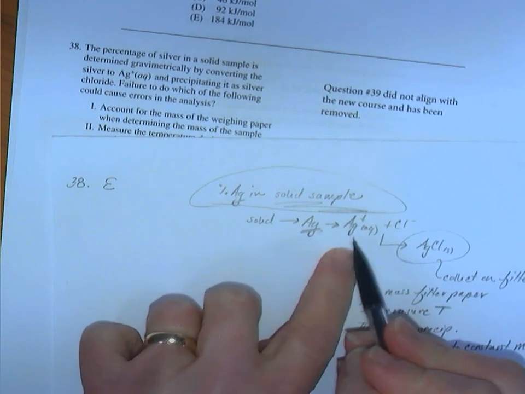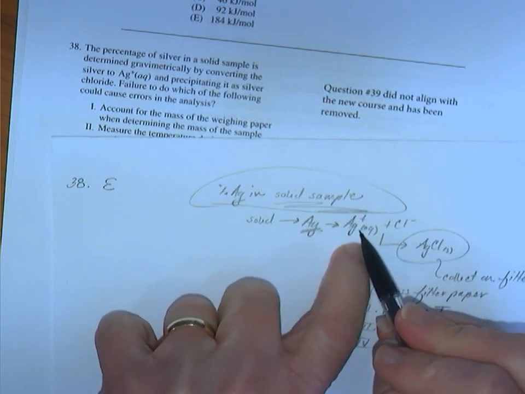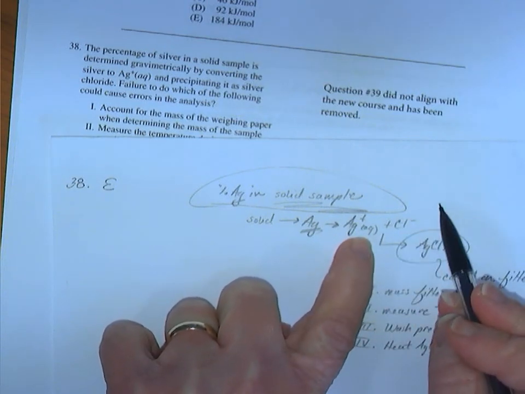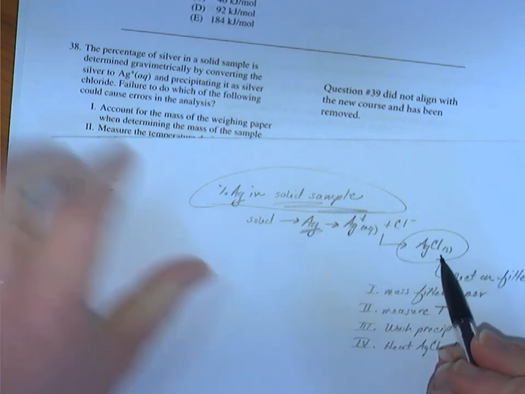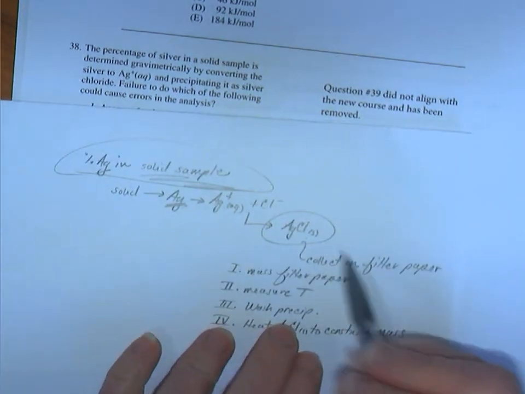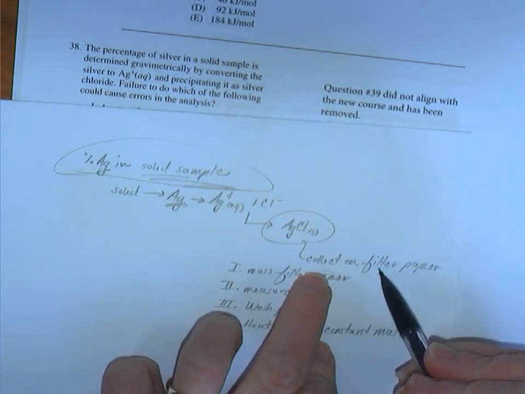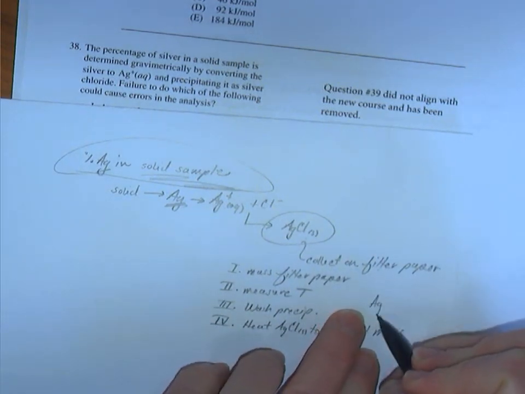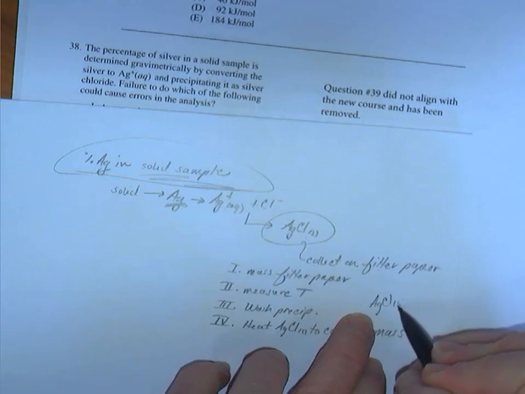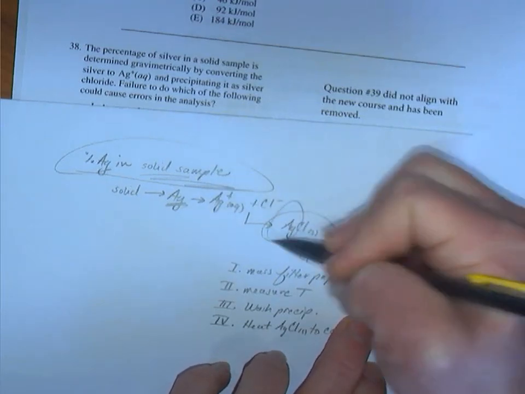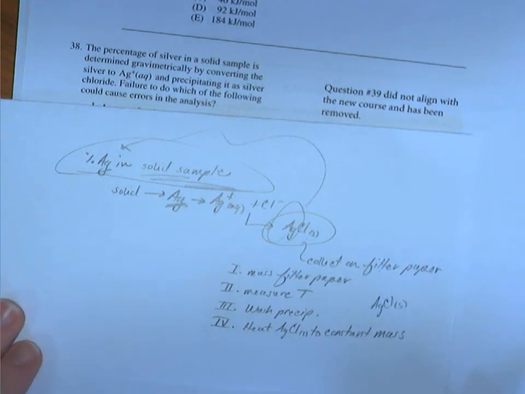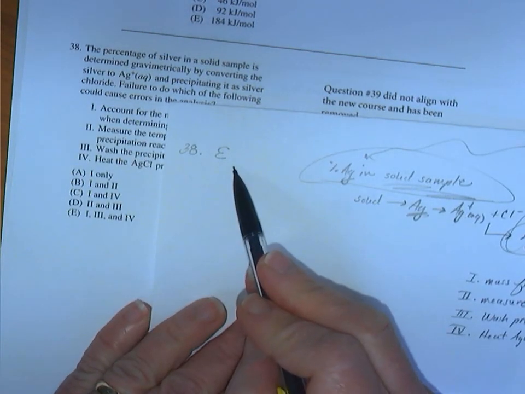We're doing something to create the ion form, making it aqueous, then adding some source of chloride to precipitate it. We then filter out the precipitate, dry it, and then through knowing the mass of silver chloride that we collected, we'd be able to backtrack to find the percent of silver in the solid. The answer to this is E.